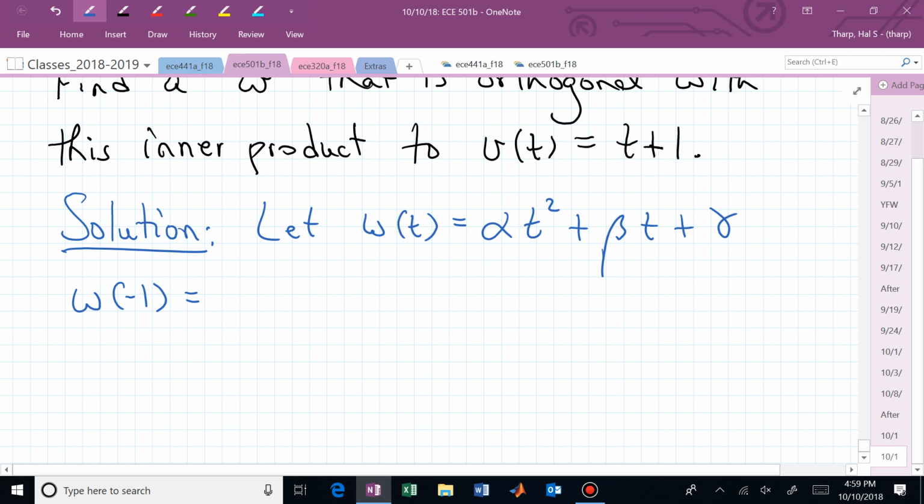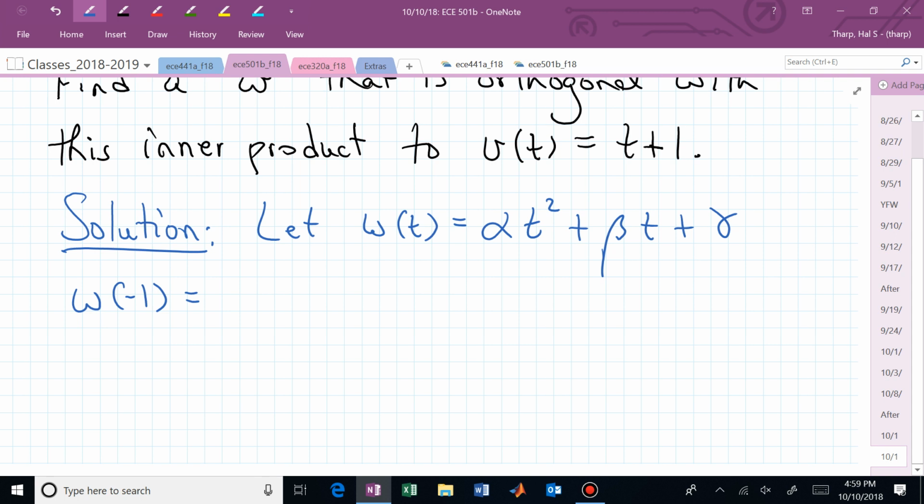Alpha, beta, and gamma are yet to be determined scalars. And I'm now playing in the real numbers, so I'm looking for real values of alpha, beta, and gamma such that this quadratic, or this second-order polynomial, will indeed be orthogonal to t plus 1 using this inner product.